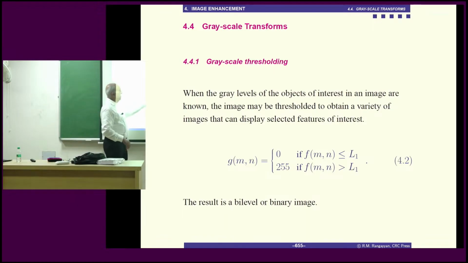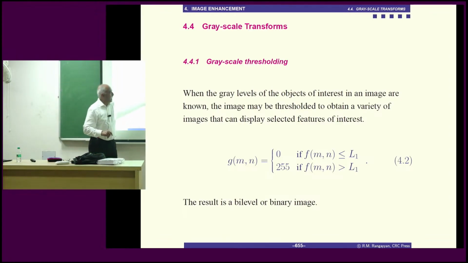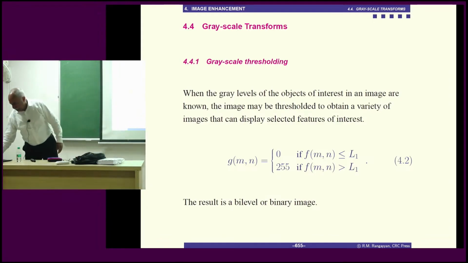So g(m,n) is 0 if f(m,n) is less than or equal to L1, and 255 if f(m,n) is greater than L1. Some L1 is some threshold. You have to determine the threshold in an optimal way. It's a bi-level or binary image. This is bi-level, this is not 1. If it is 1, you call it binary.